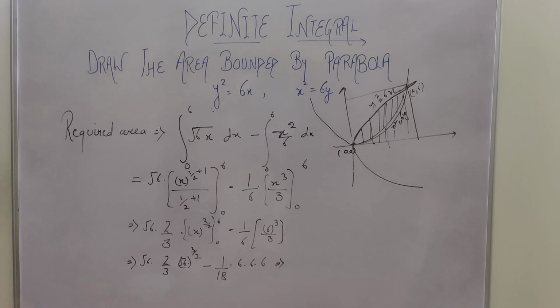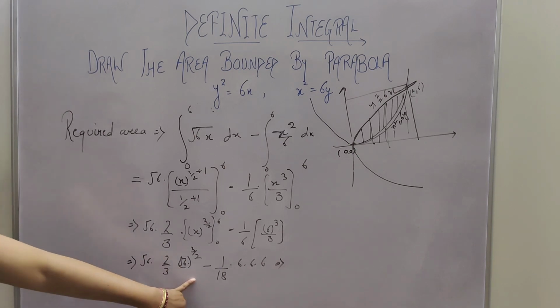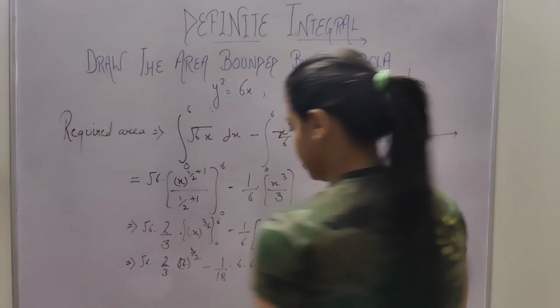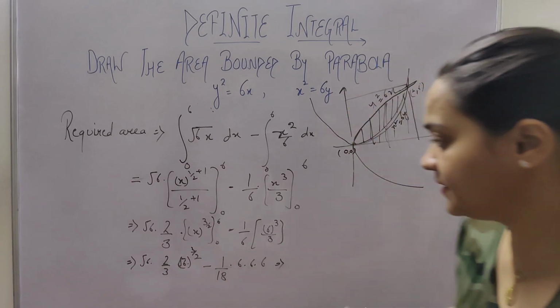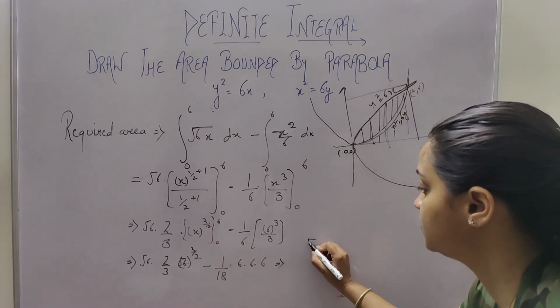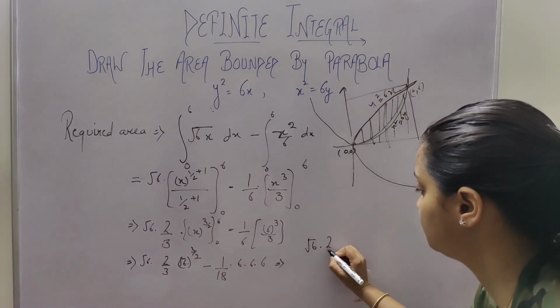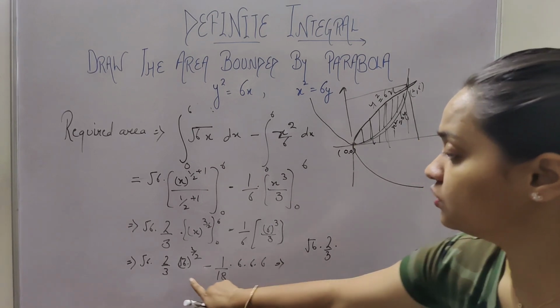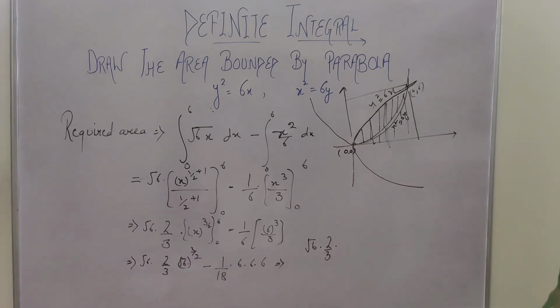This is written as this. If you really want to solve this, you have to multiply it in the form root 6 into 2 upon 3 into root 6 to the power 3 upon 2.